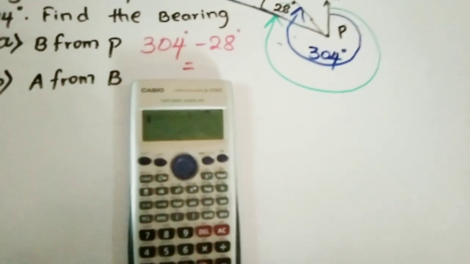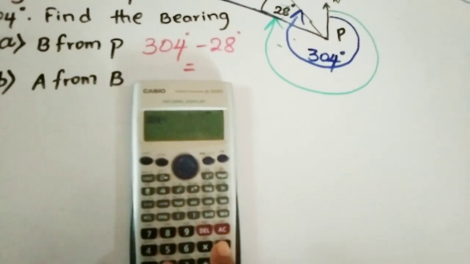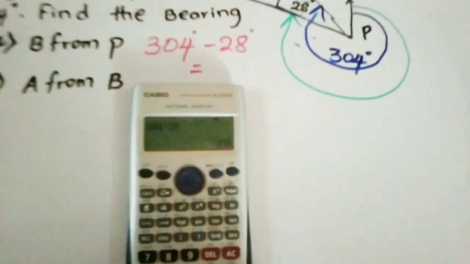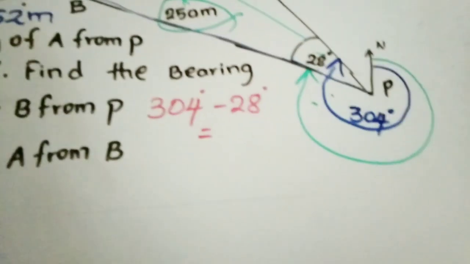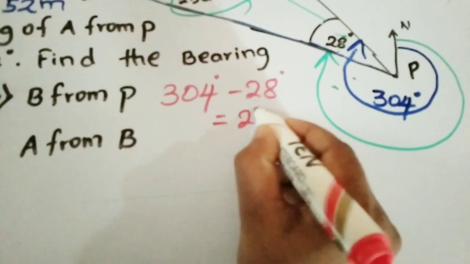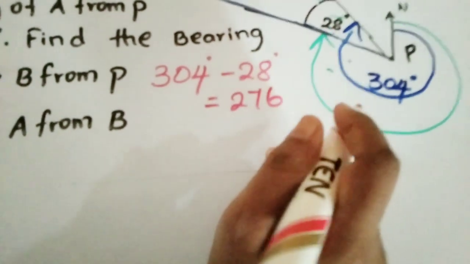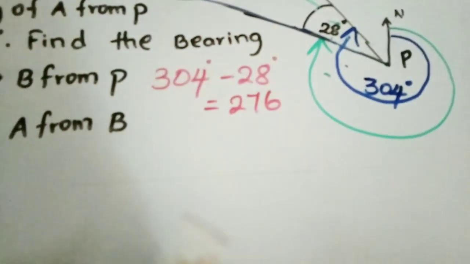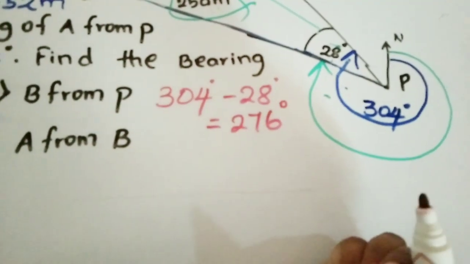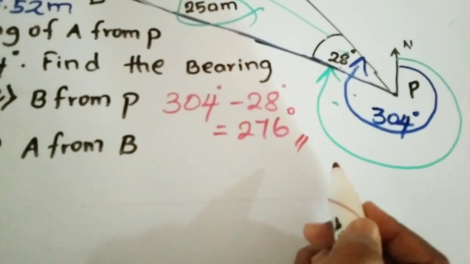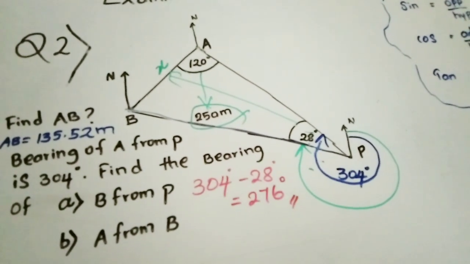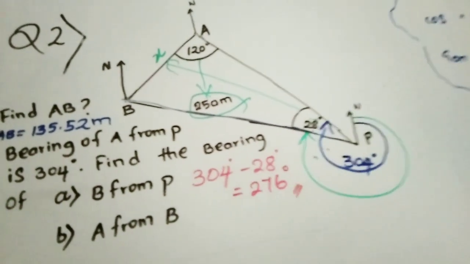You can use your scientific calculator. 304 minus 28 is 276 degrees. 276 degrees.